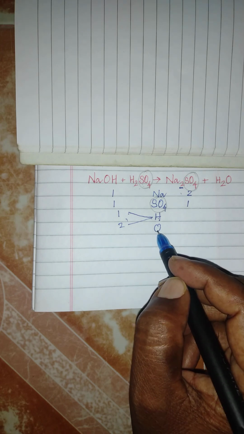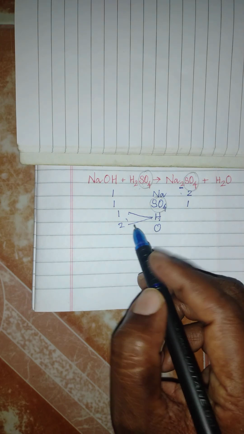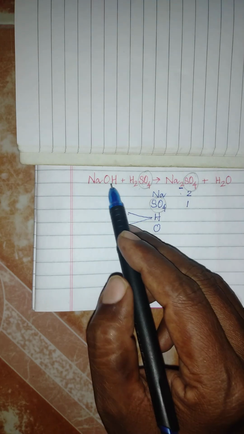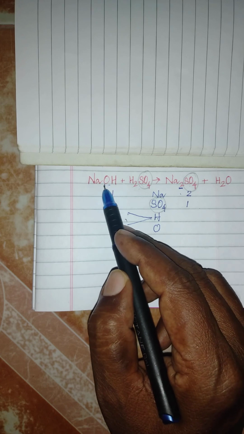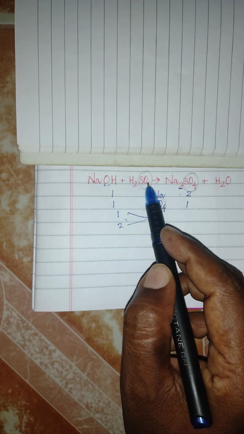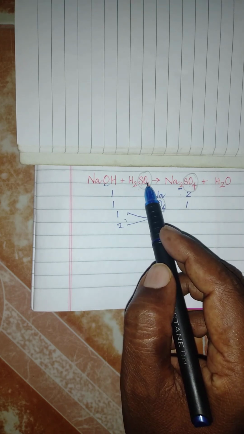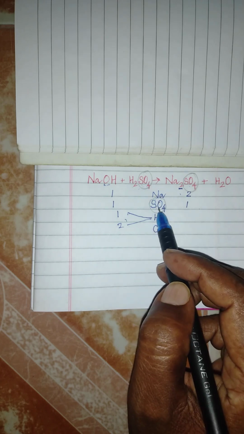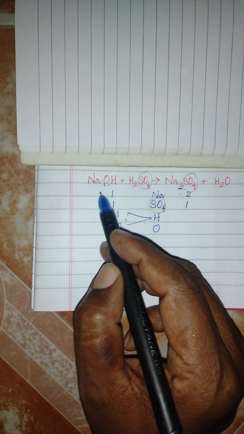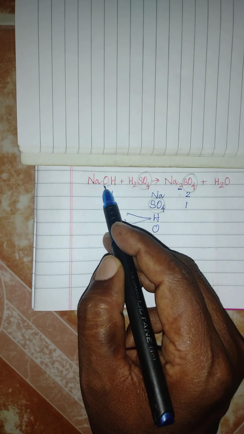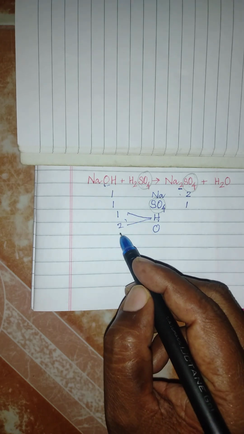Oxygen at the left hand side, which oxygen do we need to count? This oxygen alone. Can we count this oxygen? No, because it was already counted in the sulphate radical. So this oxygen, how many times is there? Only 1 time.